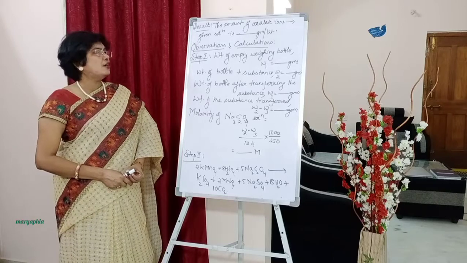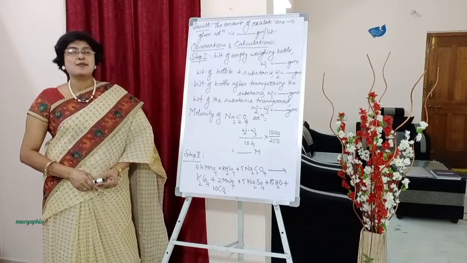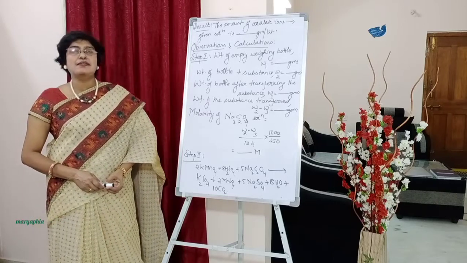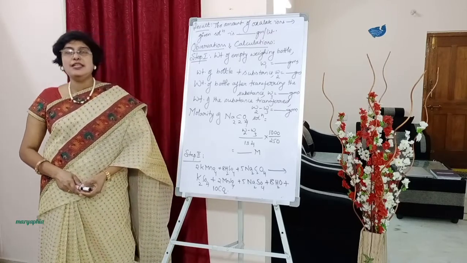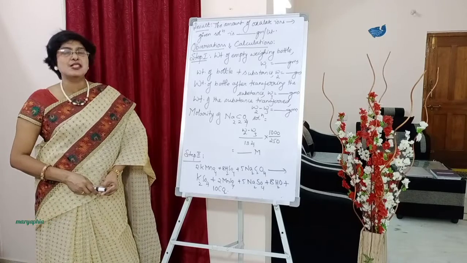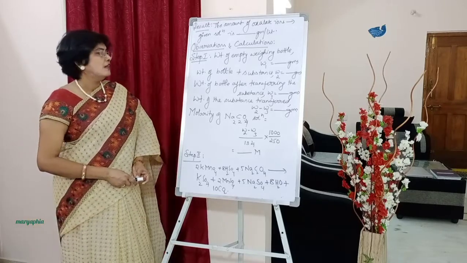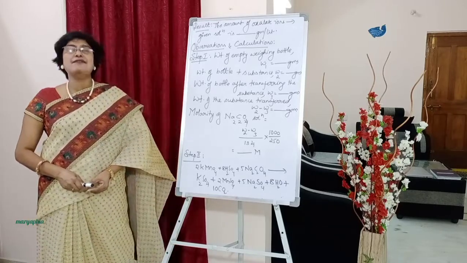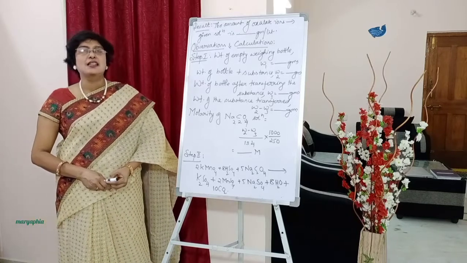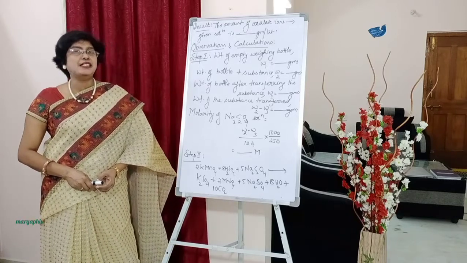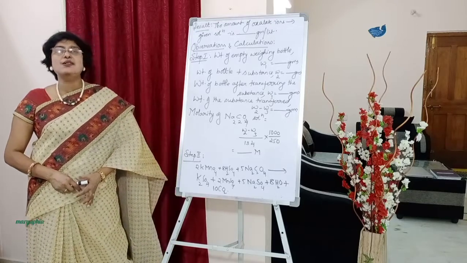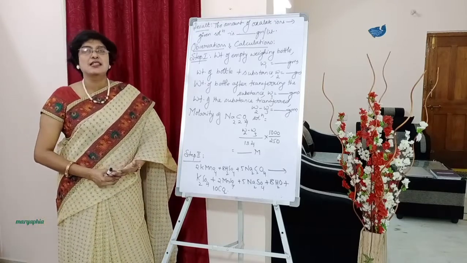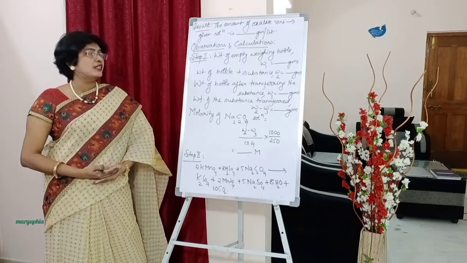Next, weight of the bottle plus substance, comma, W2 equals dash grams. Next, weight of the bottle after transferring the substance, comma, W3 equals dash grams.